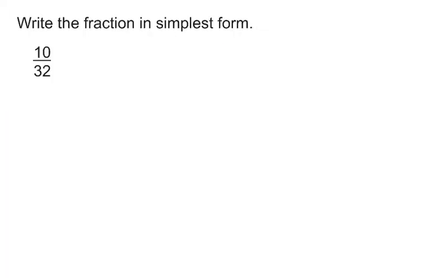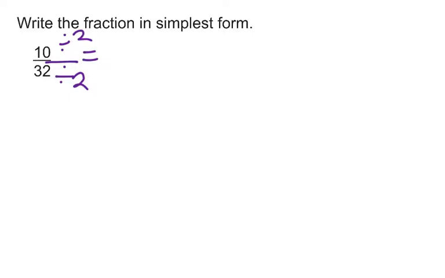Let's look at an example where we're writing the fraction in simplest form. So now we're factoring out the greatest common factor. Well, I can factor out a 2 from both 10 and 32. Sometimes there's a higher common factor, but if you are not sure where to start, if they're both even, you can always start with 2.